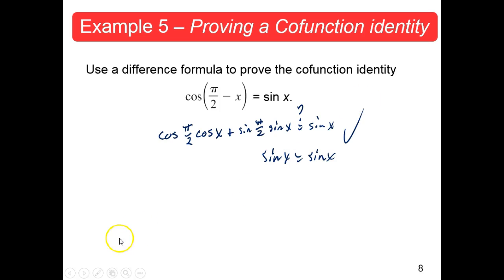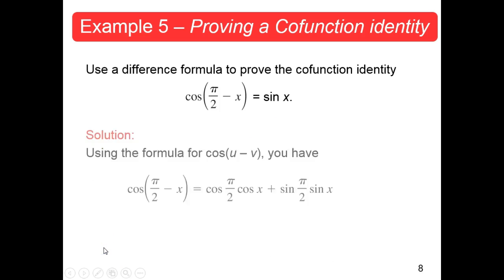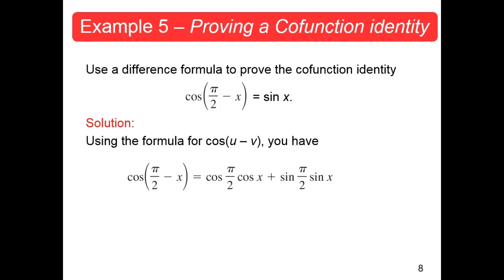And that wasn't very hard to demonstrate at all, was it? Anyone need a little longer? Okay. Let's see how they do it. Using the formula for cosine u minus v, you have cosine u, which is cosine pi halves, times cosine v, which is cosine x, plus, remember with cosine, the sign flips, okay?